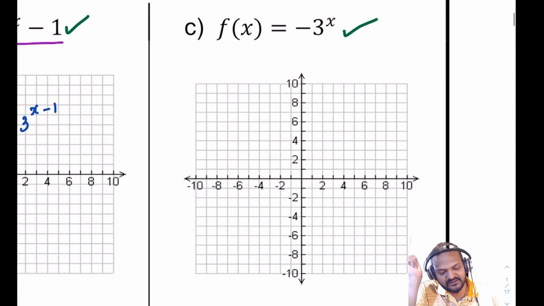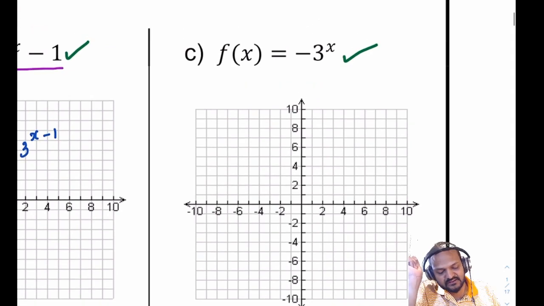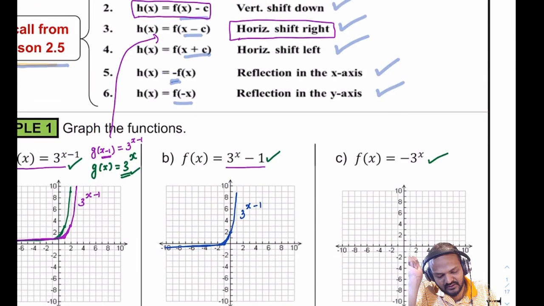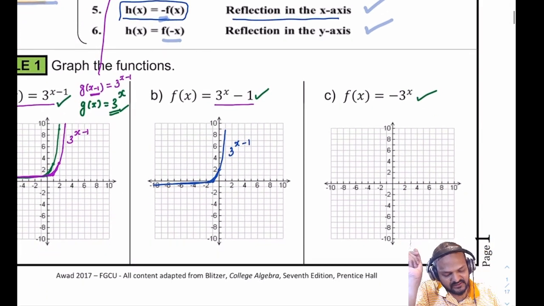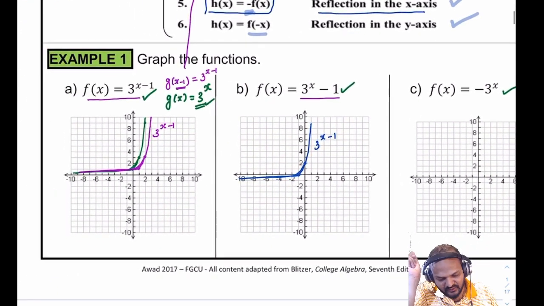Now what about part c? If you look at c, it is similar to this particular one, which is h of x equals minus f of x, which means that's a reflection along the x-axis. So if I reflect this particular green graph along the x-axis, you would agree that I'm going to have the following: 0, -3, and -9.